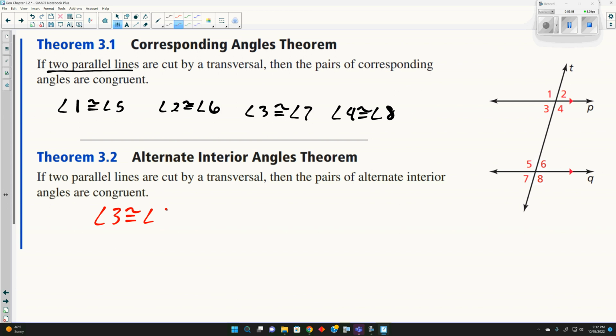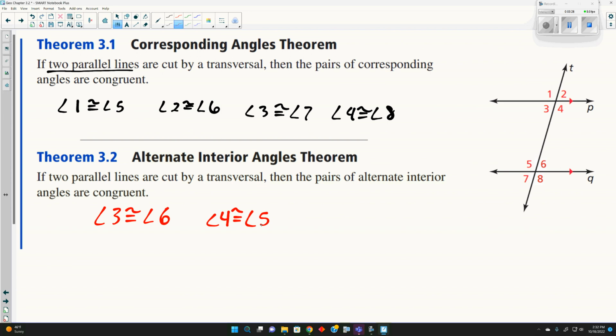So 3 and 6. Then we also have 4 and 5. Again, the name gives it away. Alternate, opposite sides of the transversal. Interior, between the lines, inside. 3 and 6, 4 and 5.